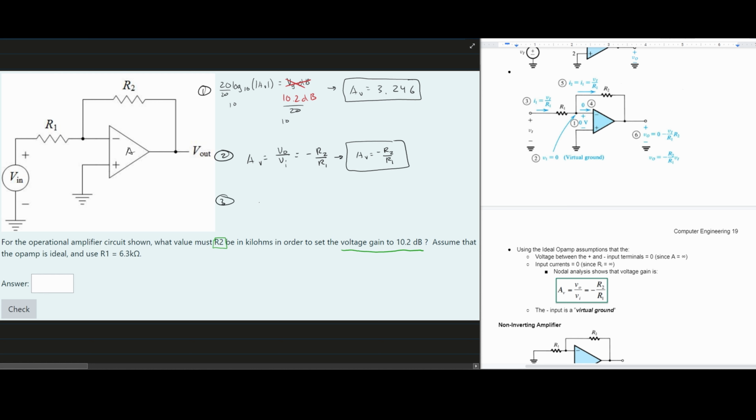Step 3 is plugging it in: 3.246 is equal to negative R2 over R1, and our R1 is 6.3. I'm omitting the kiloohms because we want the answer in kiloohms. Multiplying both sides by negative 6.3, we get the answer, about 20.39 kiloohms. And that's how we would solve this problem or something like it.